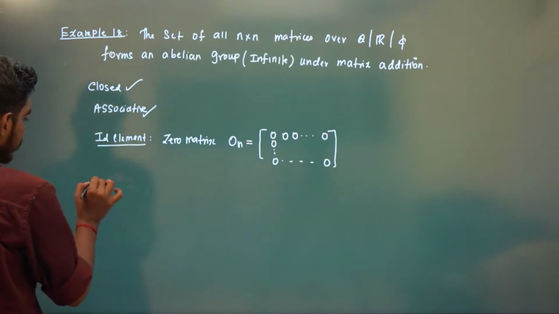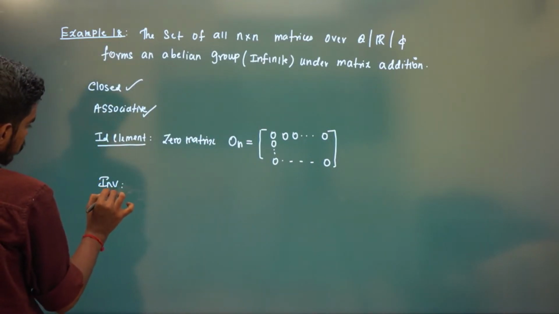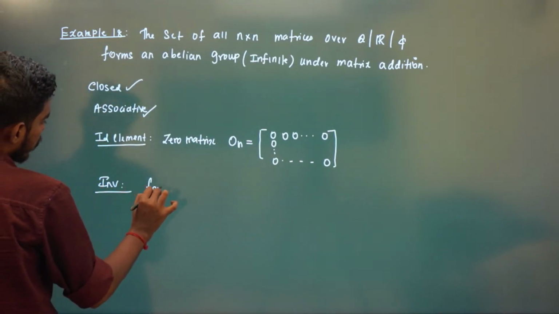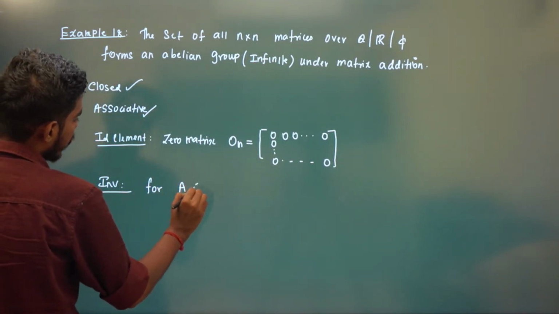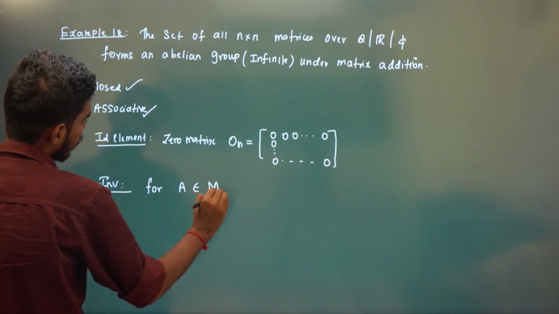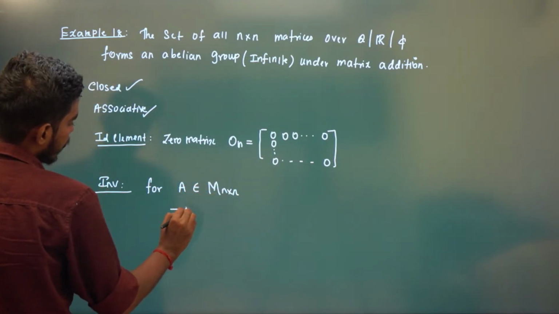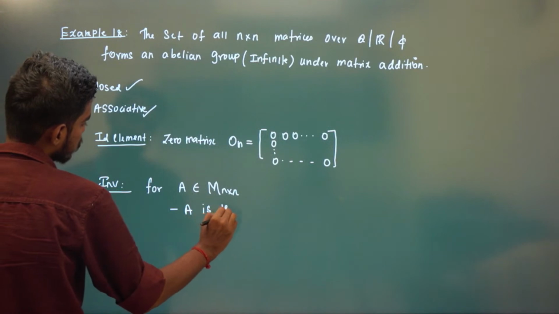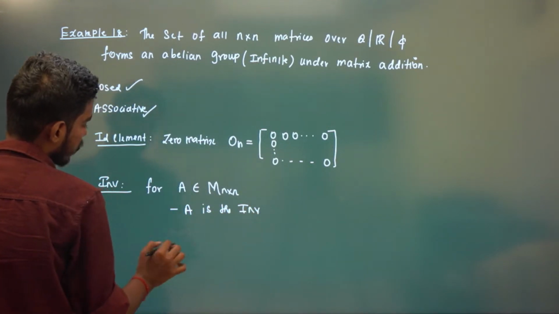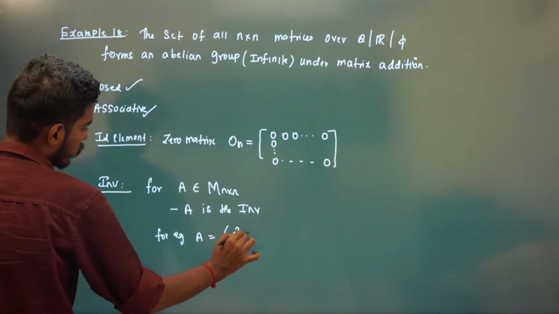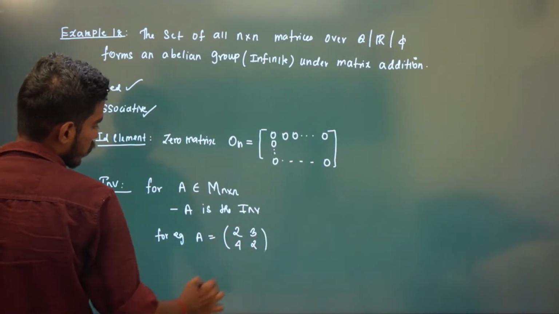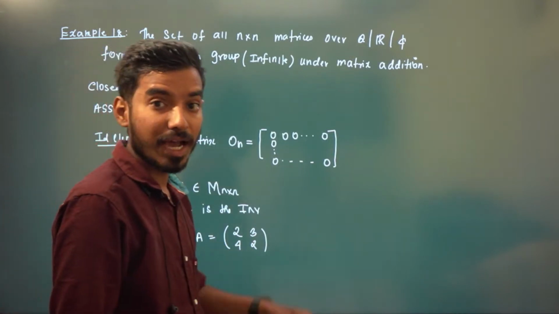And what about the inverse? For A belonging to the set of all m cross n matrices, minus A is the inverse, right? For example, if you take A equal to 2, 3, 4, 2, what will be the inverse under addition?